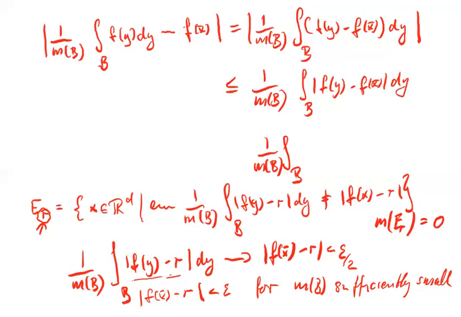Because E, the set of all points where this is not the case, is the union over all r of E_r. And the only way that we can say something about the measure of this union is if it's a countable union. That's just by the way measure theory is set up. I see, I see now.